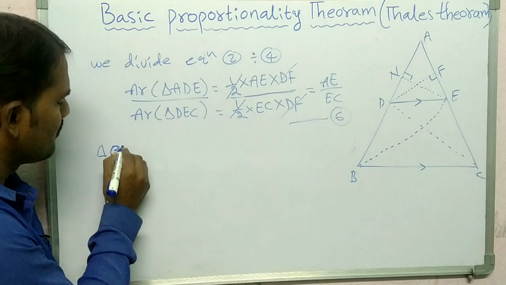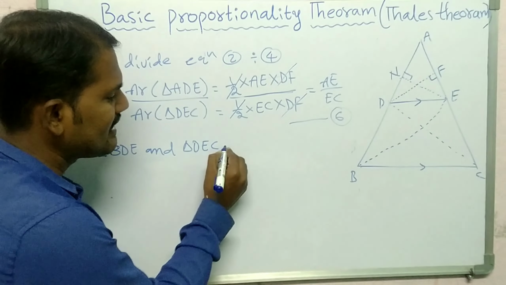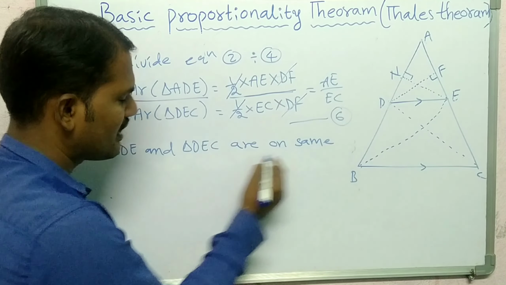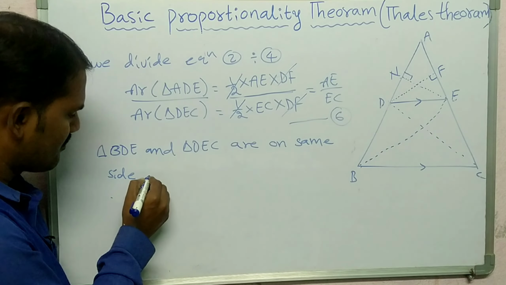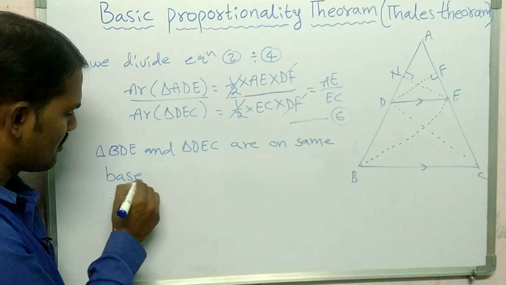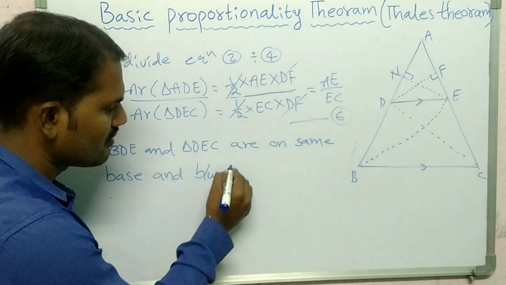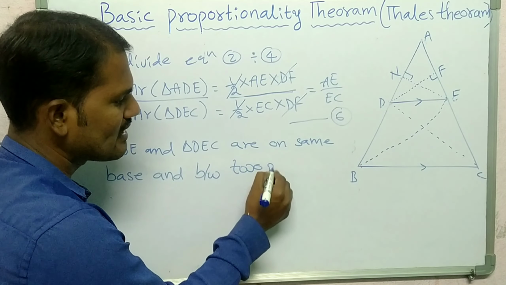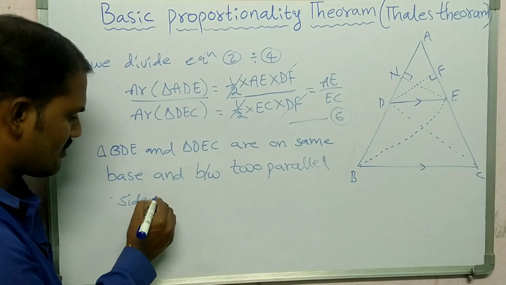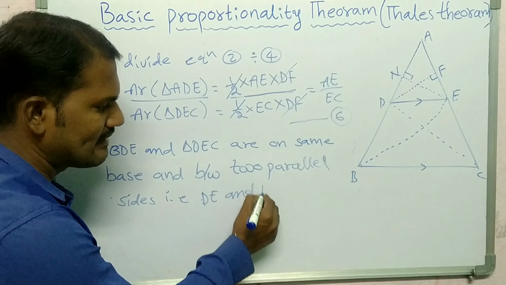So we can say area of triangle BDE equals area of triangle DEC. Triangle BDE and triangle DEC are on the same base and between two parallel sides, that is DE and BC.